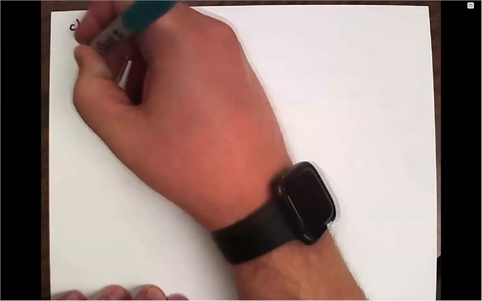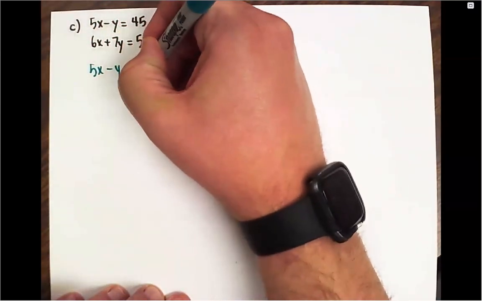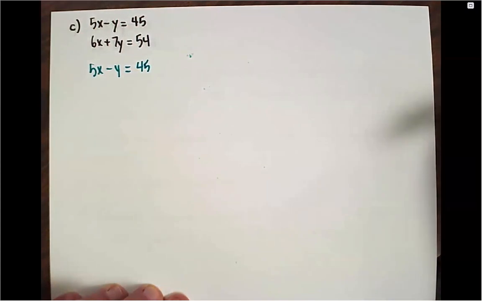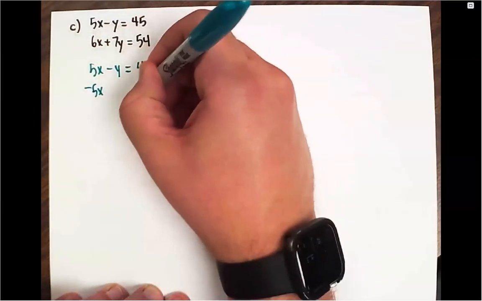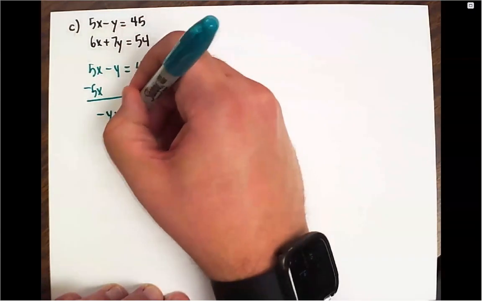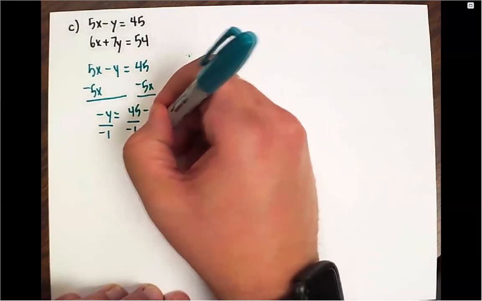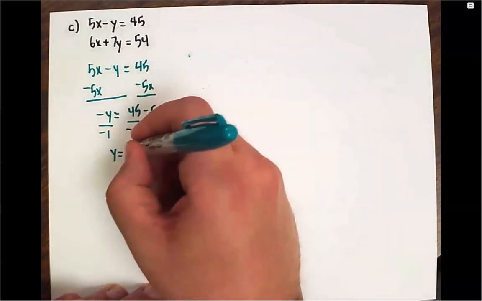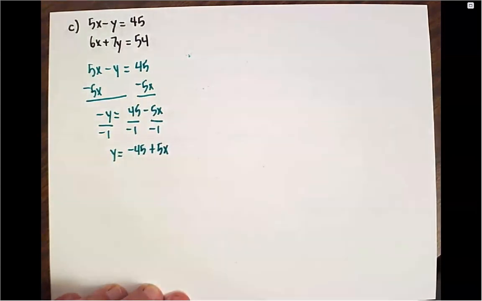So I'm going to take 5x minus y equals 45 and solve that for y. Subtract 5x from both sides, so that gives me minus y equals 45 minus 5x. And then if I divide everything by negative 1, I get y equals negative 45 plus 5x.